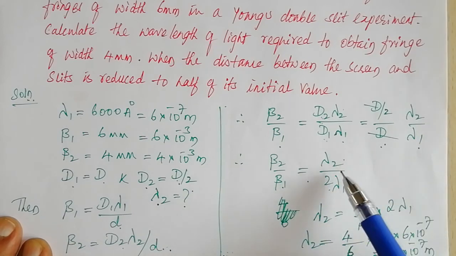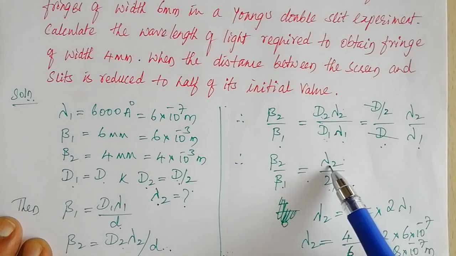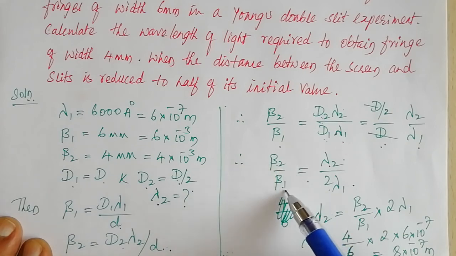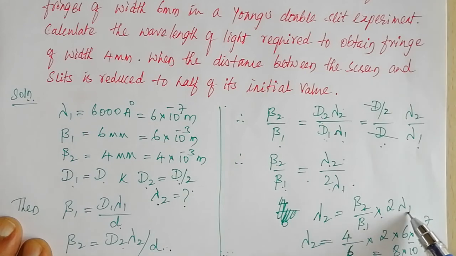We are asked to calculate the wavelength of light lambda 2, whereas beta 2, beta 1, lambda 1 are known, lambda 2 is unknown. Therefore lambda 2 equals beta 2 divided by beta 1 into 2 lambda 1.